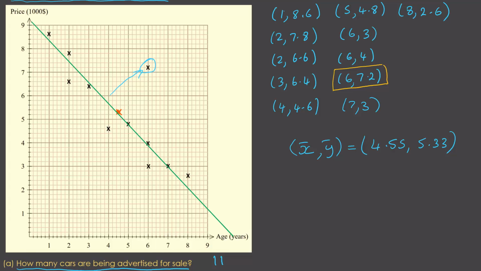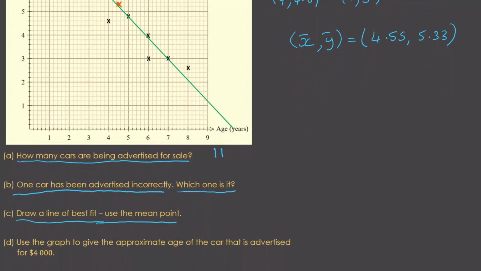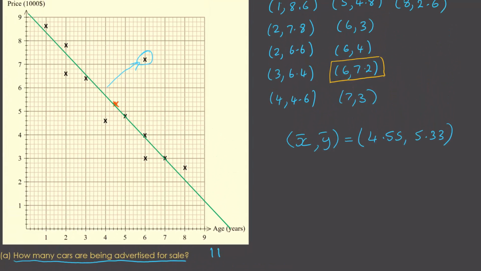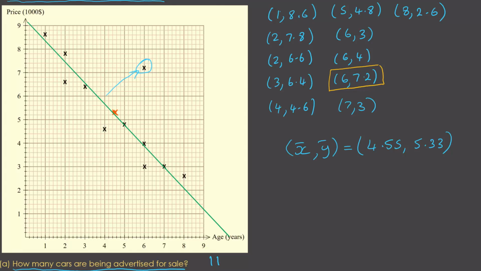So, what do we ask to do next? Use the graph to give the approximate age of a car that is advertised for $4,000. So we use our line of best fit here.